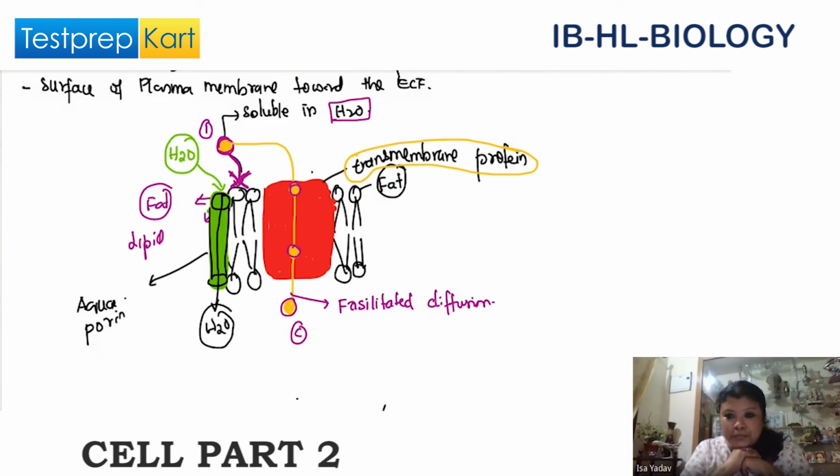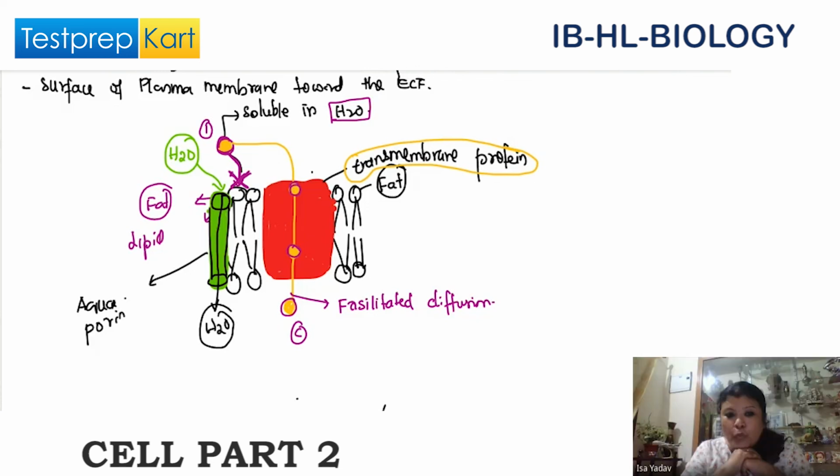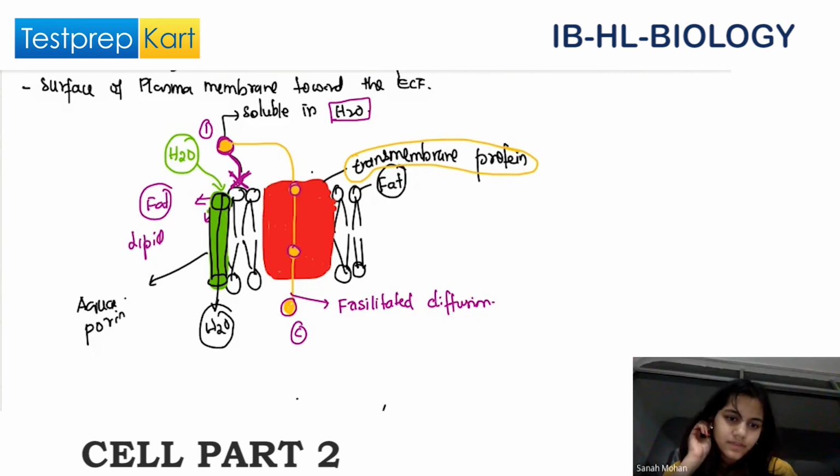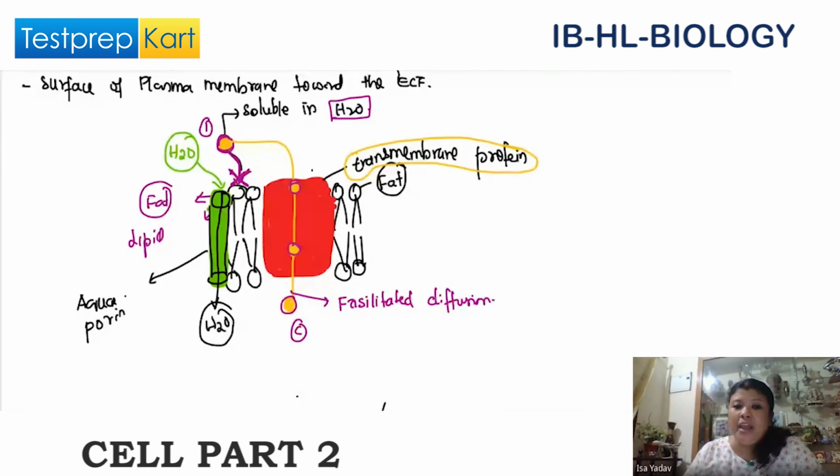So which is left? We have used the transmembrane protein, we have used the aquaporin. Which is left? The lipids. Yes. So the fat soluble molecule will directly enter through the lipids.